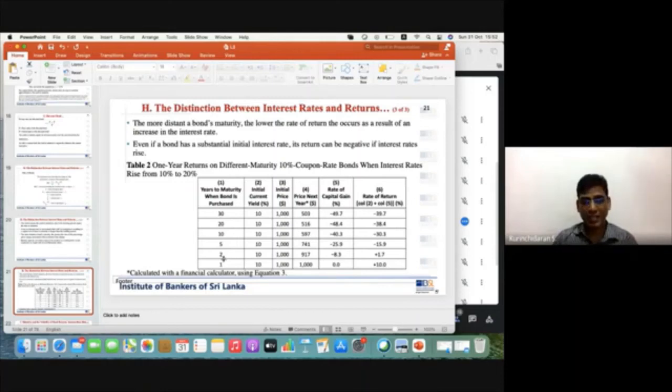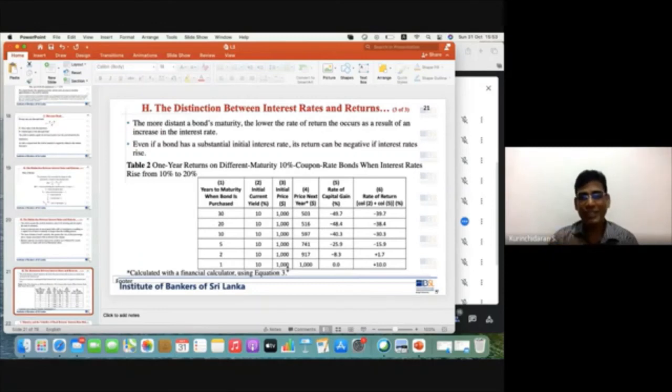The coupon rate is 10%, and the initial current yield is 10% for all the bonds. The initial price is $1,000 for all of these treasury bonds.